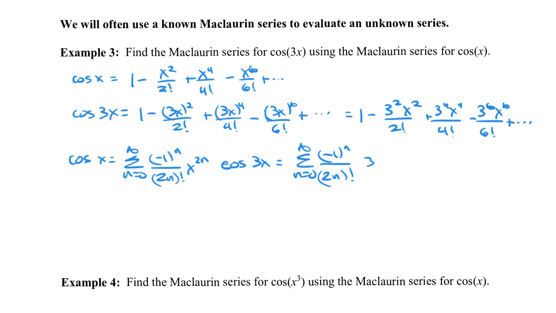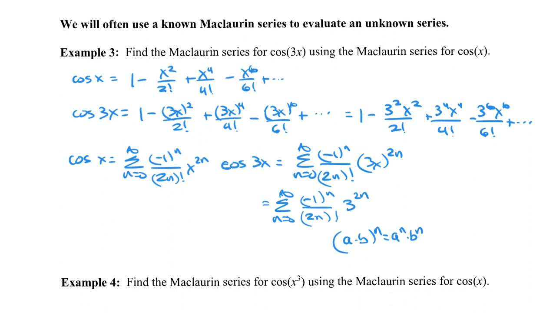Instead of x, we've got 3x to the 2n. Well, we know that a times b to the n is just a to the n times b to the n. So that means that cosine of 3x is equal to the sum from n equals 0 to infinity, negative 1 to the n, over 2n factorial, times 3 to the 2n, x to the 2n.